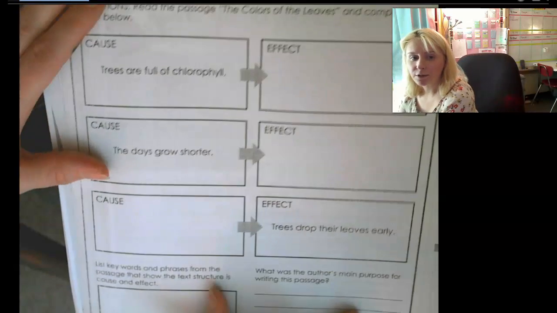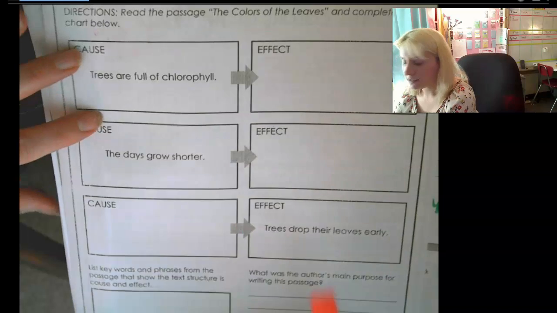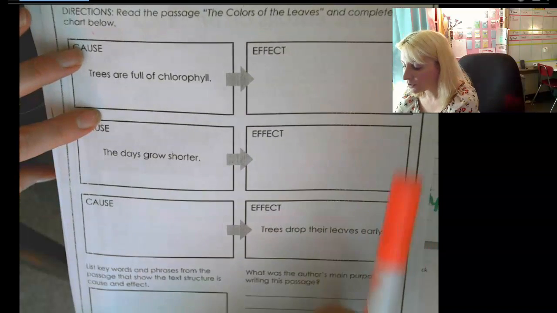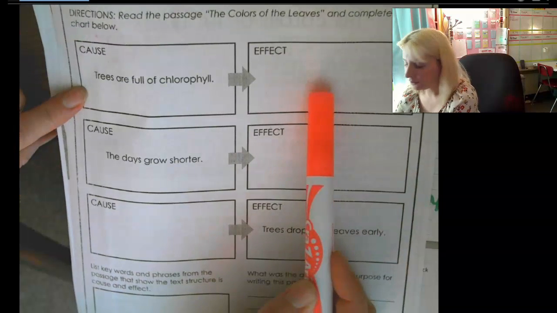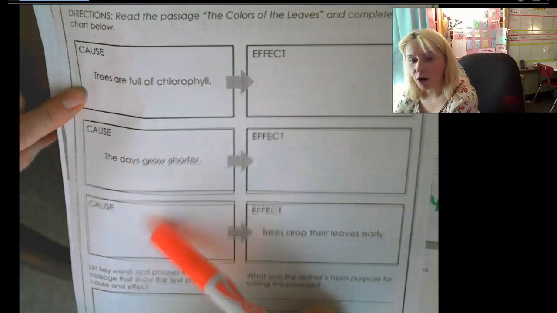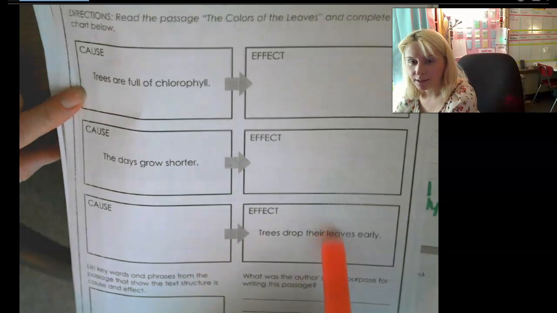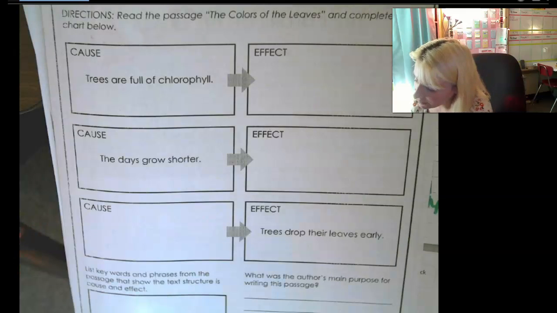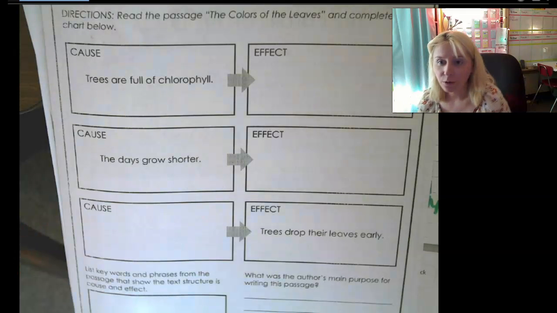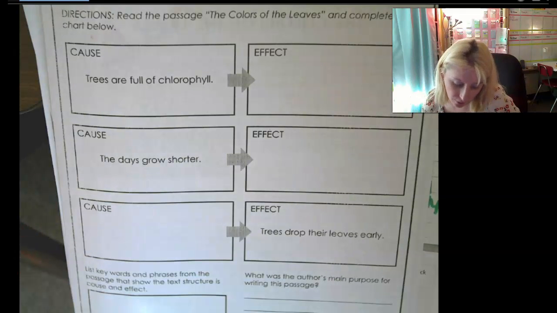So let's start up here. So we have two causes and an effect. So we need to figure out the effect here, and what causes this to happen here. So the first one says trees are full of chlorophyll. Now I know that that was in the first paragraph.